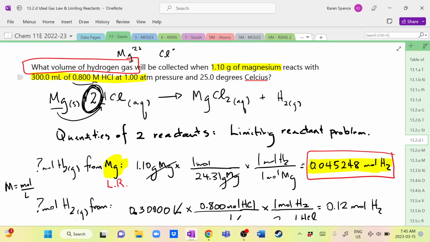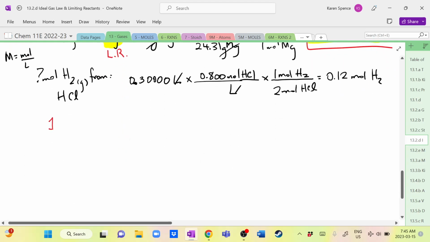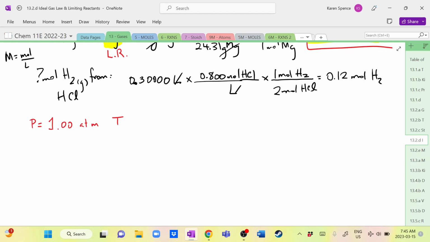We know we're at 1 atmosphere and 25 degrees. That's our pressure. Our temperature is 25 degrees Celsius, and the conversion for that is to add 273.15, which gives 298.15 Kelvin, because we do that one a lot.